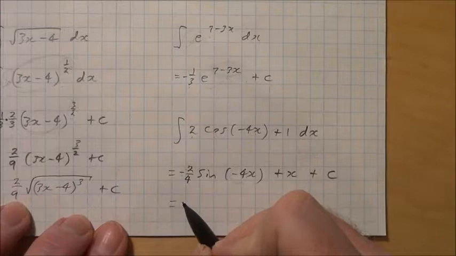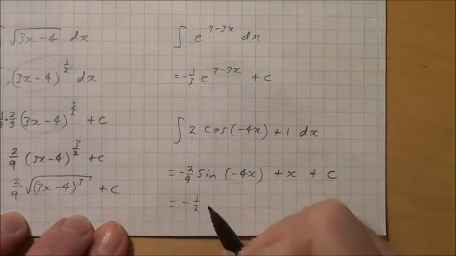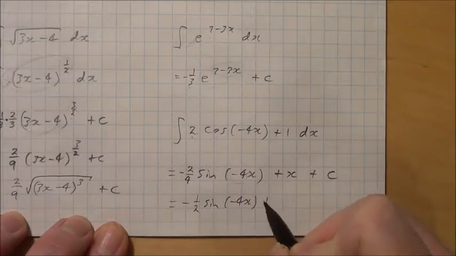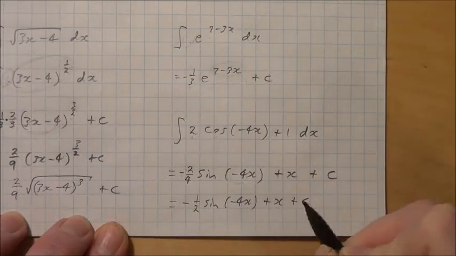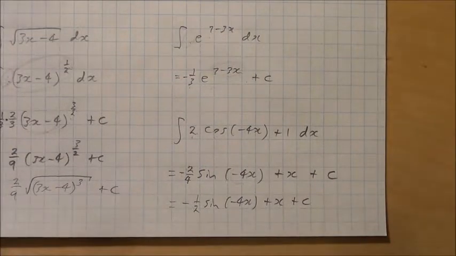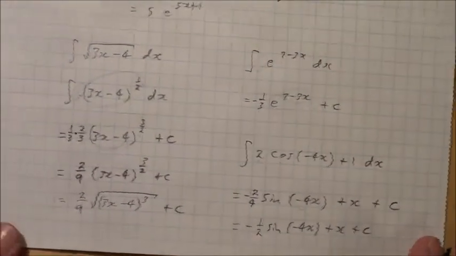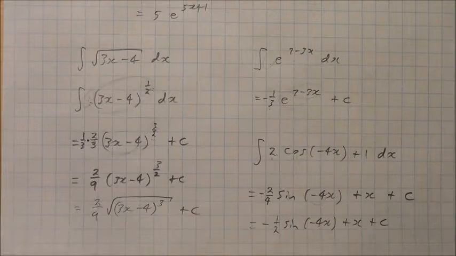So that can then be written as negative 1/2 sine of negative 4x plus c. So that's the basic idea of integrating the functions that are composite functions with linear functions.